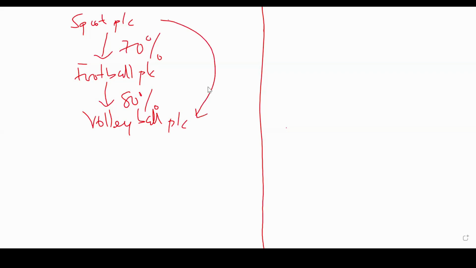We said whenever this happens, this will be a subsidiary. Now, it means that Sport PLC has an indirect holding or interest to the tune of 70% multiplied by 80%. Now, if you do 0.7 times 0.8, you get 0.56.